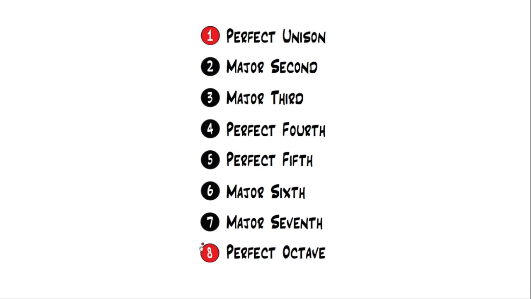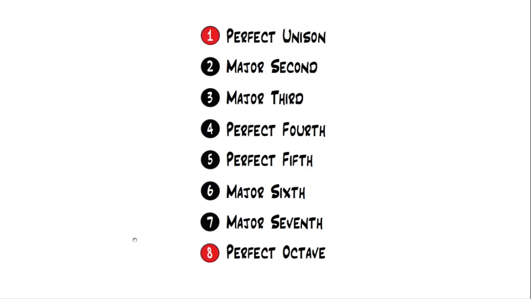When you went back to the original note an octave higher, that would be called a perfect octave. This note, no matter what major scale you're playing, and this note are the same note names, they're just an octave apart. Again, if you don't understand that, it's not really important for this lesson. This lesson's really about the difference between a tonic and a root note. But if you want to dive into that, check out our series, Music Theory for Guitar.